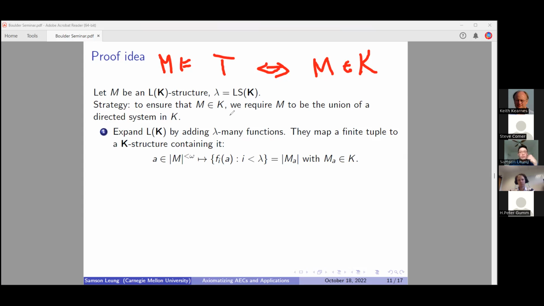Because my axiomatization is relatively simple, it's quite easy to do the right to left direction. I will just need to state something about coherence, Löwenheim-Skolem axioms, and so on, which are almost immediately implied by the axioms of AECs. So the interesting direction is always the other one.